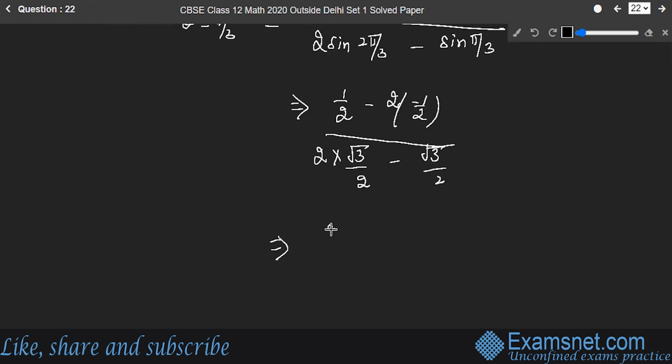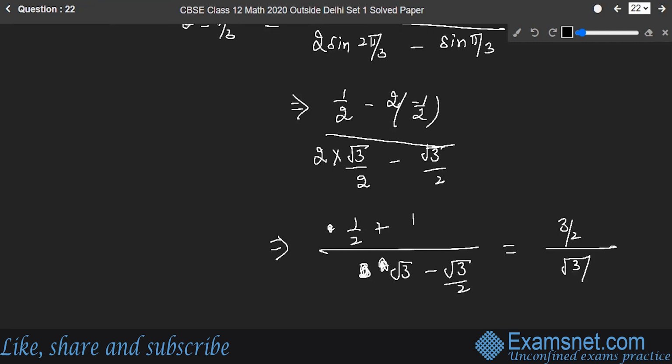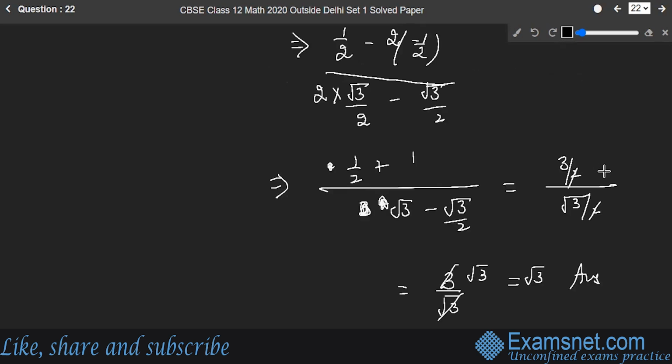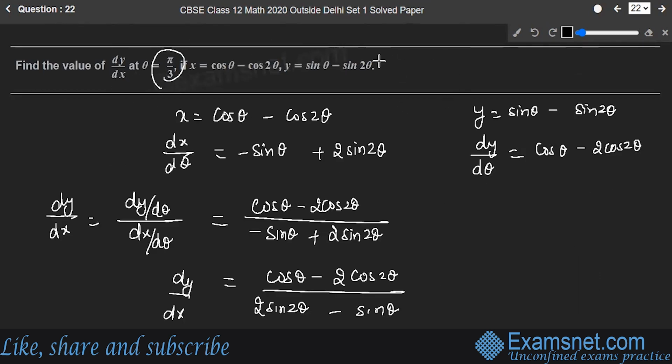So this becomes 1 by 2 plus 1, divided by root of 3 minus root of 3 upon 2. This is equal to 3 by 2 and this is equal to root 3 by 2. 2 and 2 will get cancelled and you will have 3 upon root 3, which gives you root 3 as the answer. Hope you understood that, right? So the answer to this question, the value of dy by dx at theta is equal to pi by 3, is equal to root 3. Hope you understood. Let's move to the next question then.